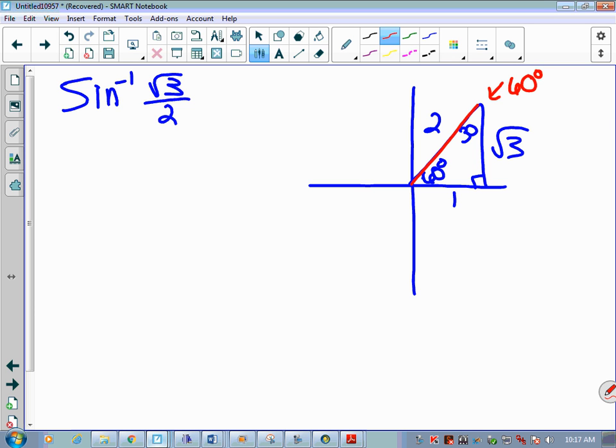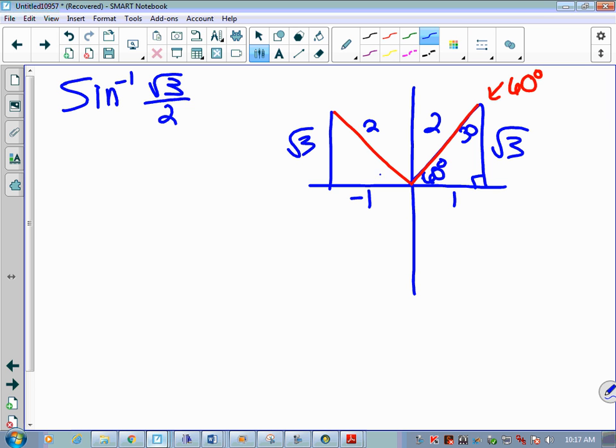Now, here's the other thing I want you to understand, is that this also has a positive radical 3 and a 2 and a -1, but it works the same way. Notice that all we're concerned about is having a positive radical 3 over 2. Do you see how I get a positive radical 3 in both reference triangles, but now I'm in a separate quadrant?